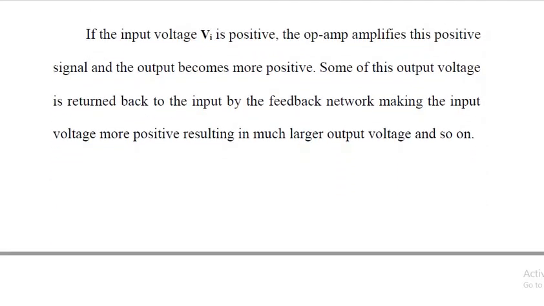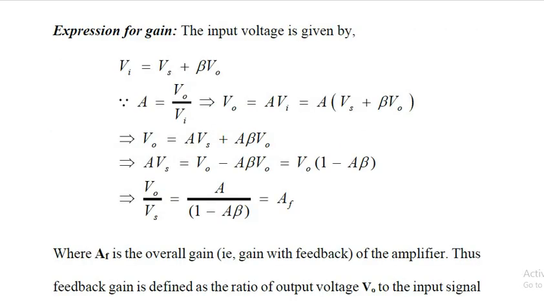Now the expression for gain. As I said, the feedback voltage is added to the input signal. So the input voltage is given by Vi is equal to Vs plus beta Vo. Since A is equal to Vo by Vi, this implies Vo is equal to A into Vi.